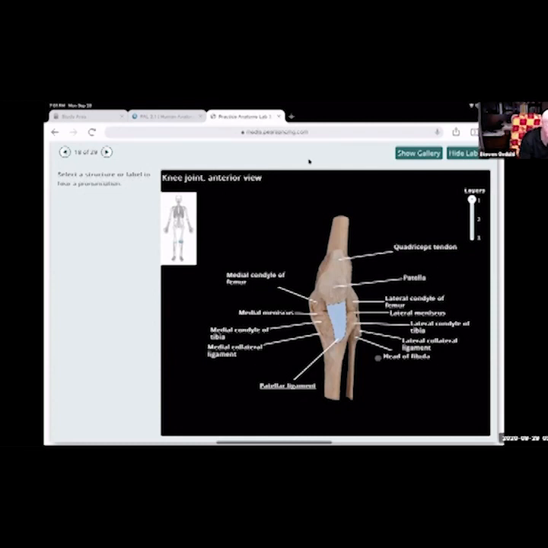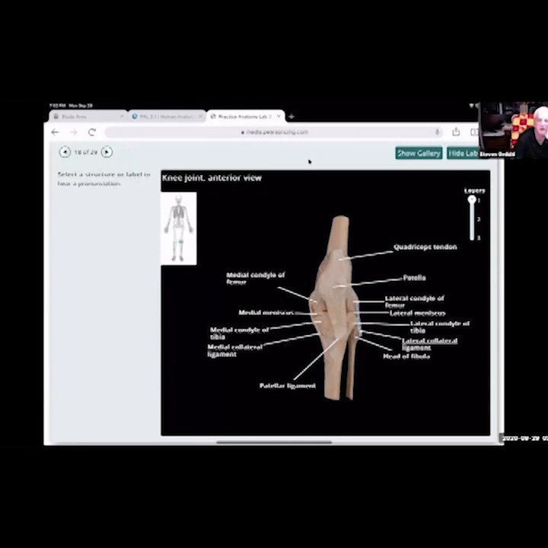And we got the head of the fibula. And here's your lateral collateral ligament. So the medial collateral ligament connects the femur bone to the tibia. The lateral collateral ligament connects the femur to the fibula on the sides of the knee.